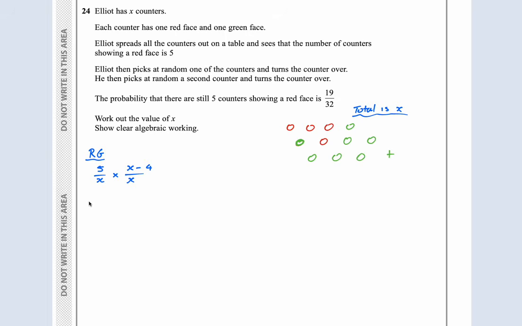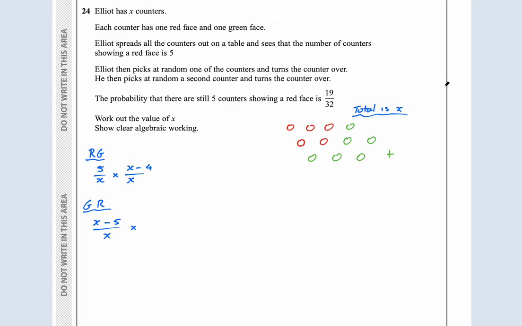Okay, now I'm going to go and do a green and a red. The green and the red. So guys, let me just go back to the original. Okay, what's the probability he turns over a green now? Well, there's X minus 5 greens, because there's a total of X minus these 5 reds, out of X, because there's X in total, and again we're going to multiply by.